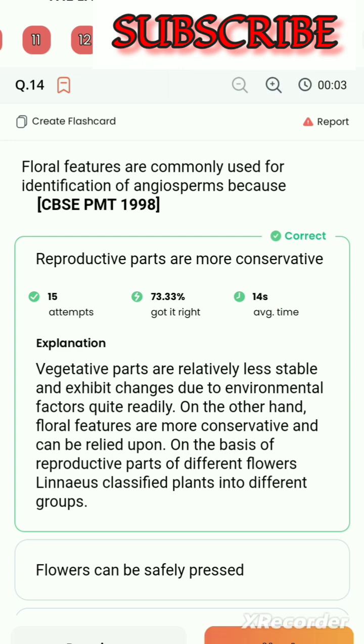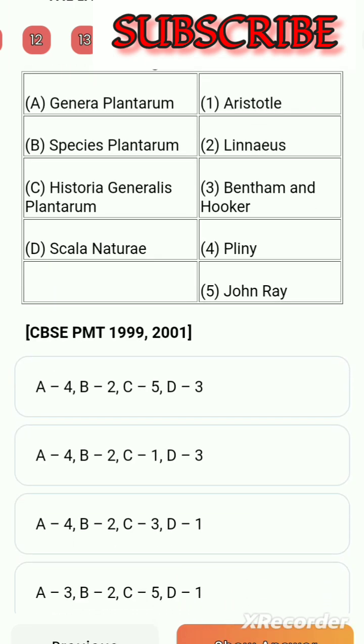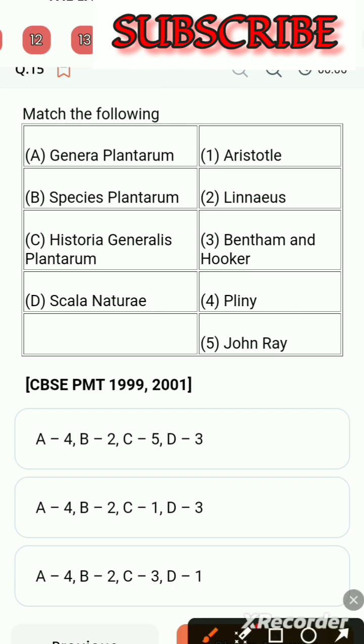And match the following, the correct match is A3, that is Genera Plantarum by Bentham and Hooker, Species Plantarum book by Linnaeus, Historia Generalis Plantarum book by John Ray, and Scala Naturae book by Aristotle. So option D is the correct answer.